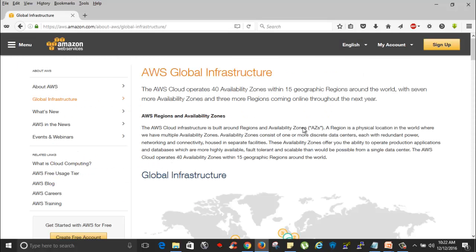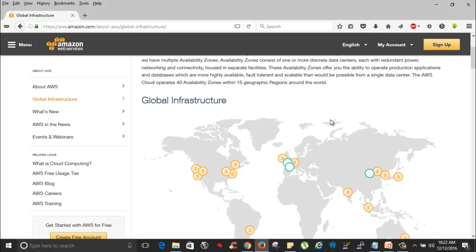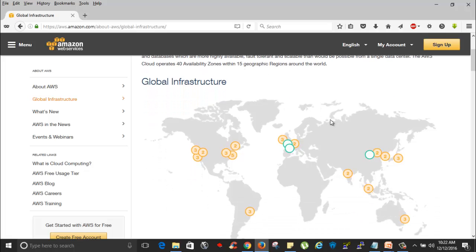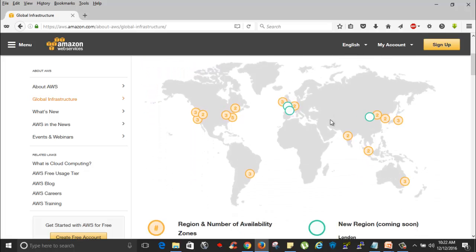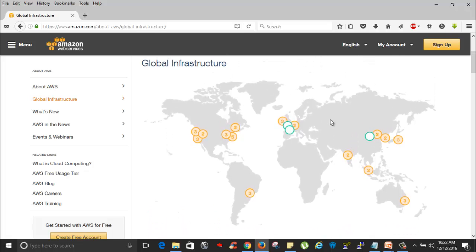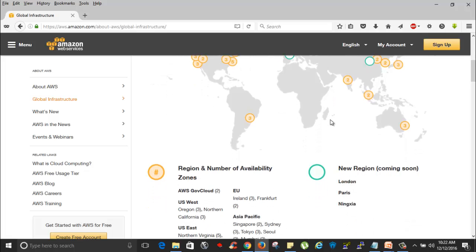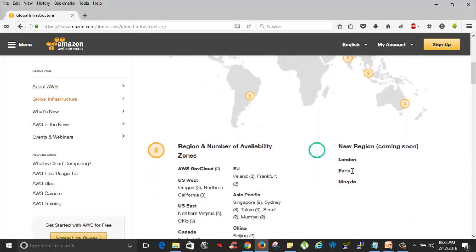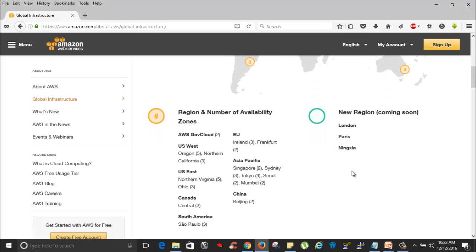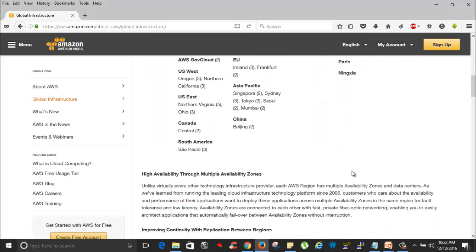So this is the page result from Amazon. They have this map or pictorial representation of their global infrastructure, how many regions they have, how many availability zones they have, and so on. They have the upcoming regions here as well. They've got regions coming in London, Paris, and so on.